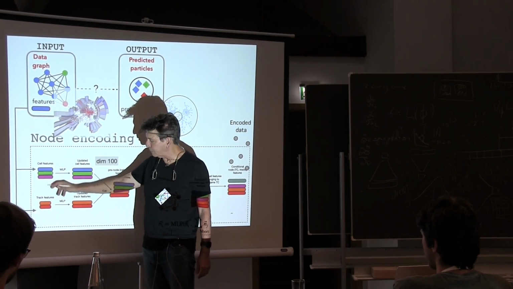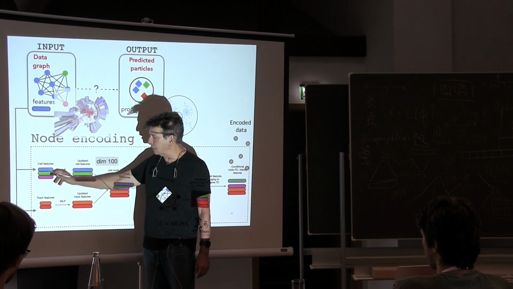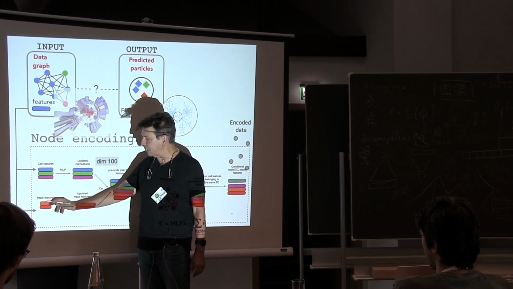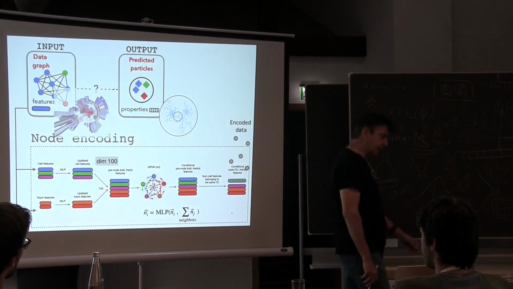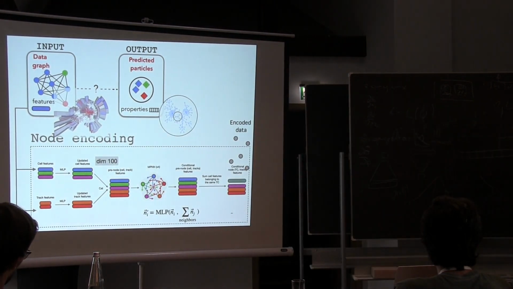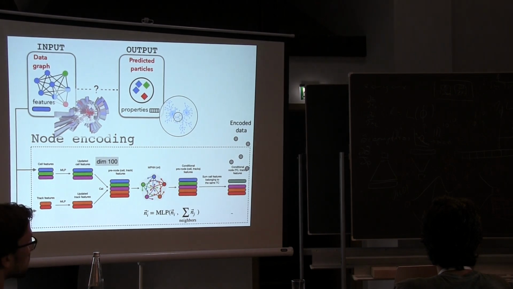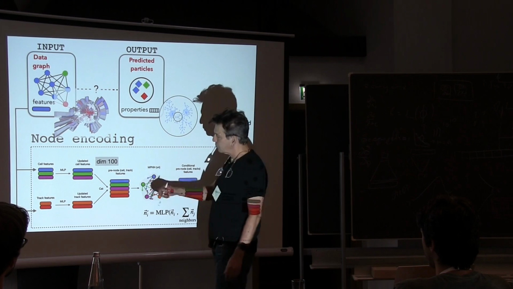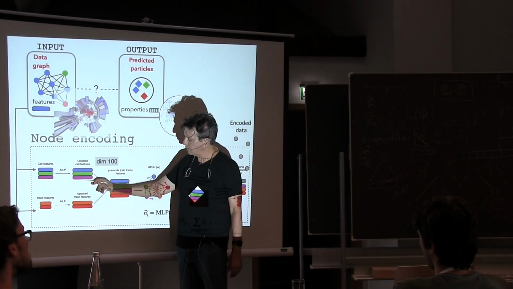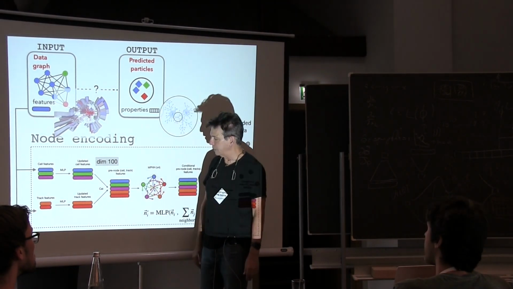They have their features. Their number and content might be different than that of the tracks, but they have a fixed number of features, so I can use an MLP. I embed everything in vectors of dimension 100. That's the beginning of my embedding.